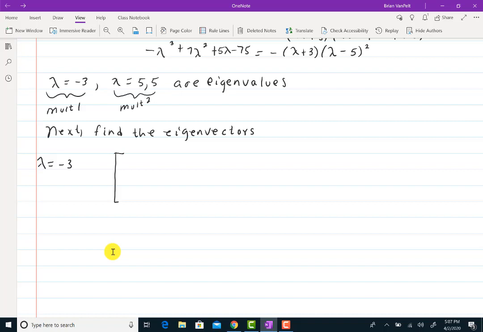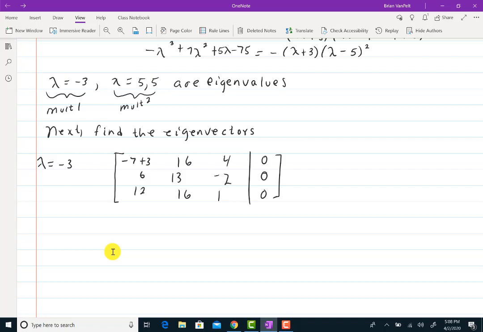The original matrix had -7, 6, 12. Then it had -16, 13, 16. Then it had 4, -2, 1. And we're trying to find the null space when I subtract lambda from the main diagonal.